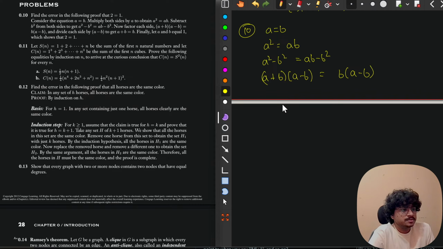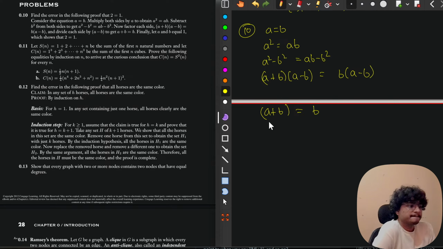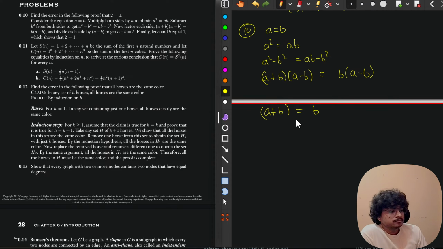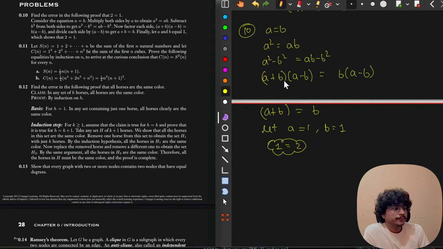Divide each side by A minus B to get A plus B equals B. Let A and B be equal to 1. You say 1 equals 2. What mathematical principle are we violating here?